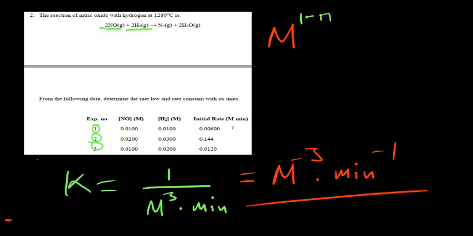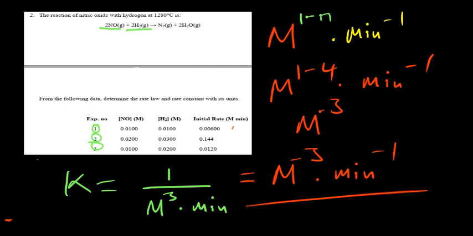Okay, minutes in this. It depends on the time that you're given in the question. So if you try to put the overall order of the reaction, we had 3 plus 1, which was 4. I don't believe this can work. Okay, it has worked in this case. So you've seen that the units are the same. It's up to you to work with the one that you feel can work. So it's the same answer.